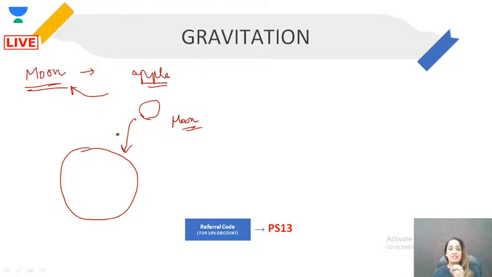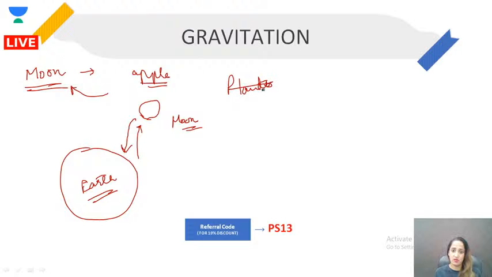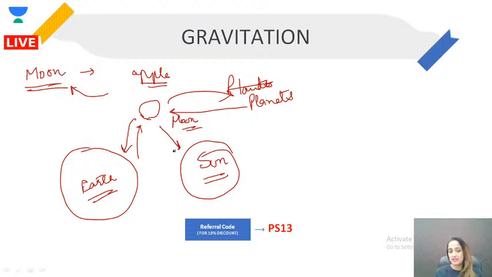So it means it is not just the earth that attracts the moon towards itself, but the moon also attracts the earth towards itself. There are other planets which are attracting the moon towards them. There is the sun, which attracts everything: sun, moon, earth, other planets.